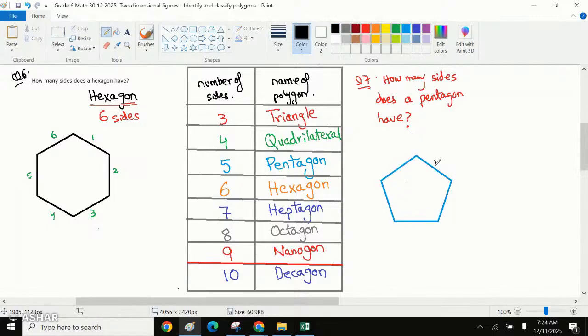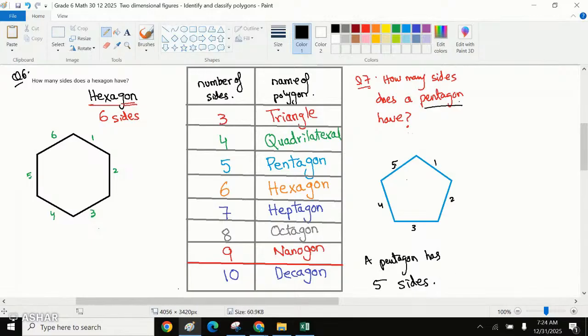You don't have to draw the shape, I'm just explaining you. 3, 4, and 5. Agreed? So we say a pentagon has 5 sides. That's a simple answer. We just need to identify the number of sides. We don't have to worry about a lot of things. When they're asking just the number of sides, we remember the grid. Triangle, quadrilateral, pentagon, hexagon, hepta, octa, nanogon, and decagon. We just need to remember these names.